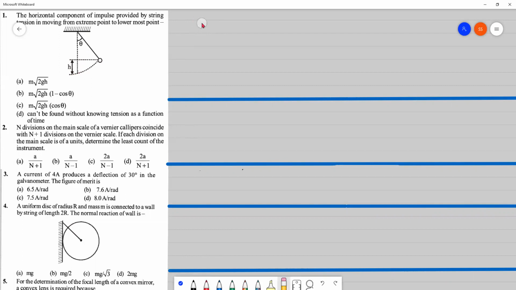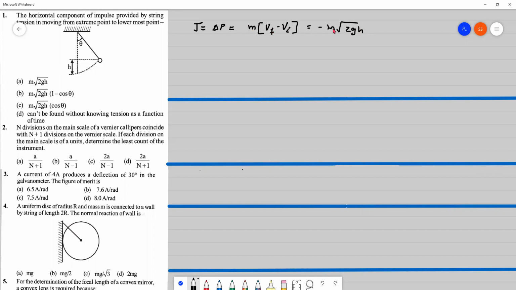So impulse J is equal to change in momentum, which is mass into V final minus V initial. Here V final will be 0 and V initial will be root of 2gh. Therefore this will be equal to minus m into root of 2gh.